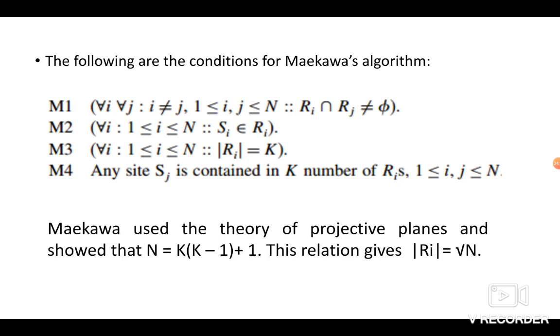M3: for all i in the range 1 to n, the cardinality of Ri is equal to K, where K is some number. M4: any site Sj is contained in K number of Ri's. It can participate in multiple request sets. That's the meaning.